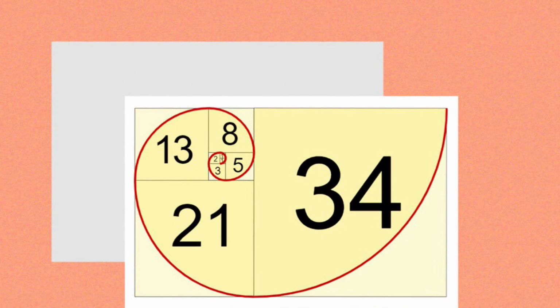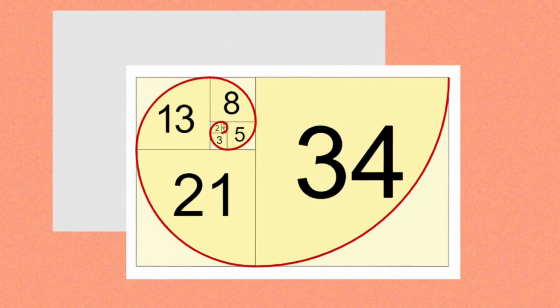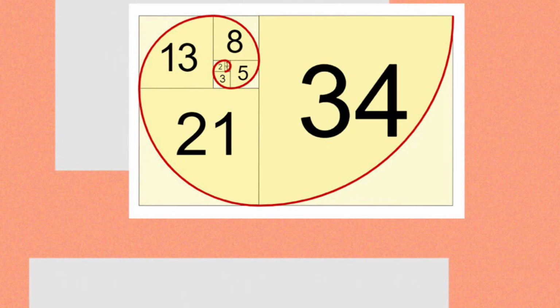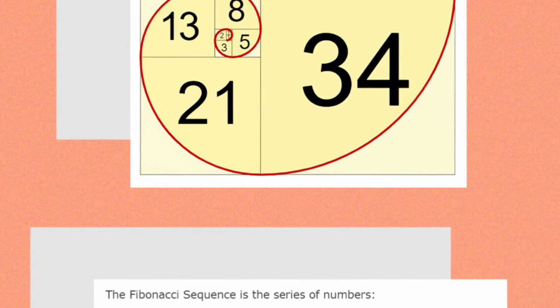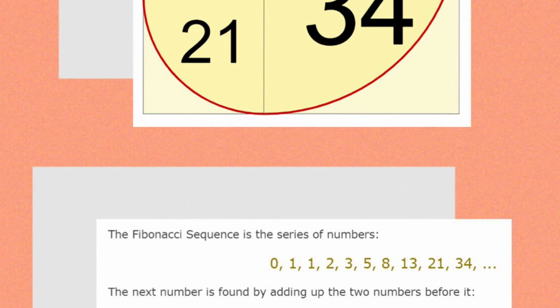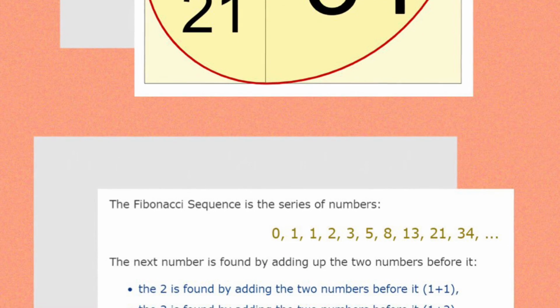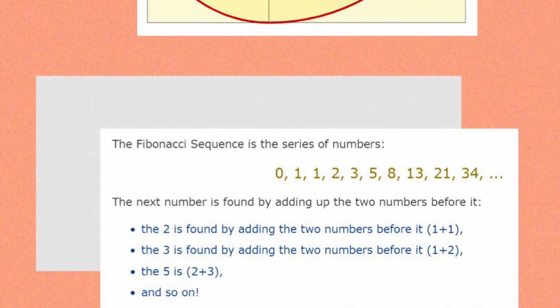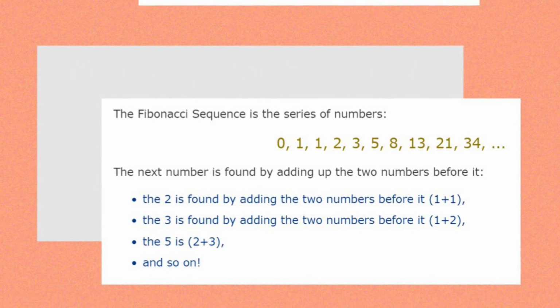There is a special relationship between the golden ratio and the Fibonacci sequence as well. The Fibonacci sequence is a sequence in which one term is the sum of the preceding two terms in the sequence. The first 10 terms of the sequence are 0, 1, 1, 2, 3, 5, 8, 13, 21, and 34.